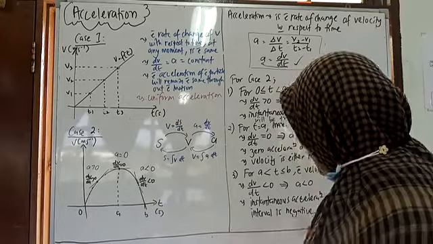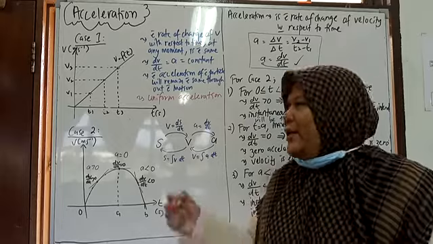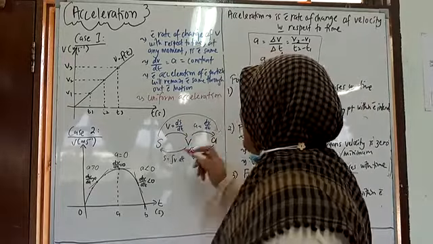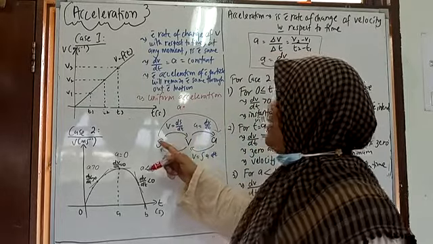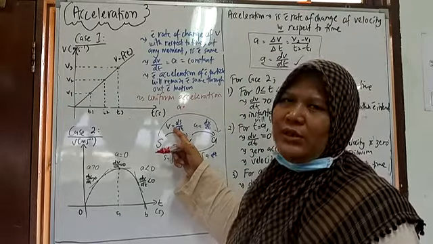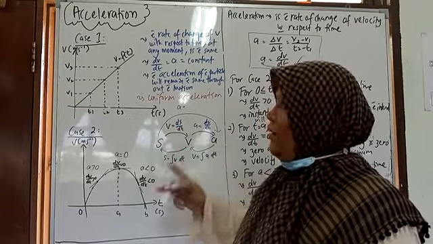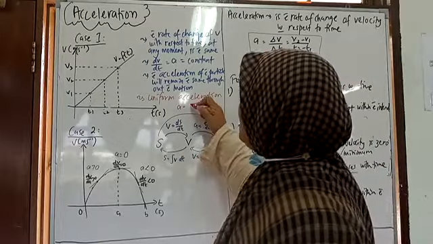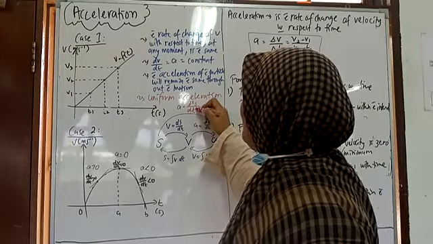How about when we are given s and we need to find a? Basically, from s to a, we go from s to v, first derivative, then v to a, first derivative. So s becoming a is the second derivative.